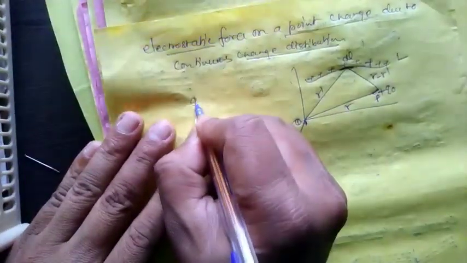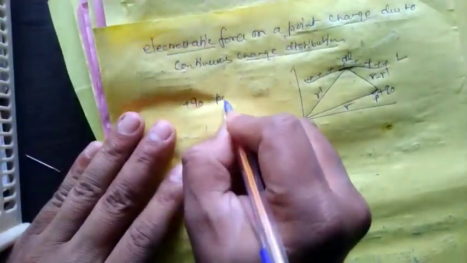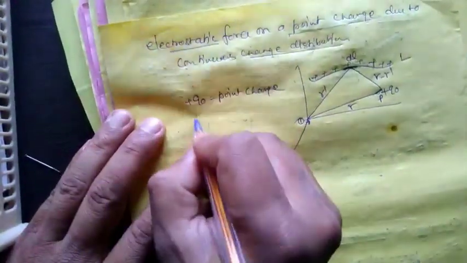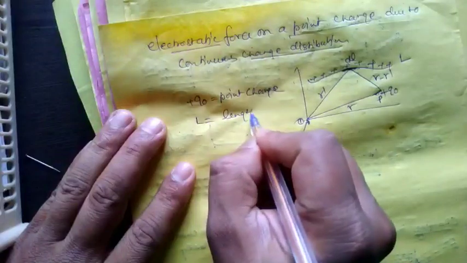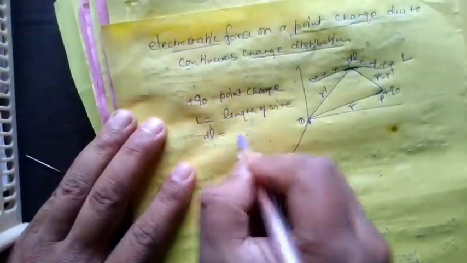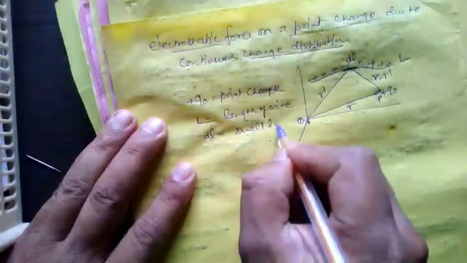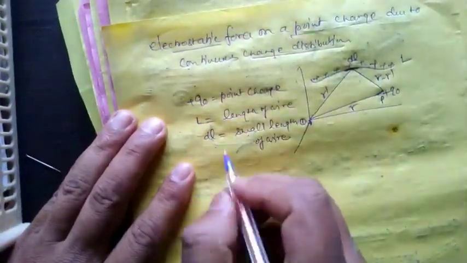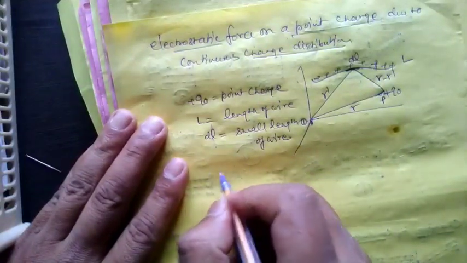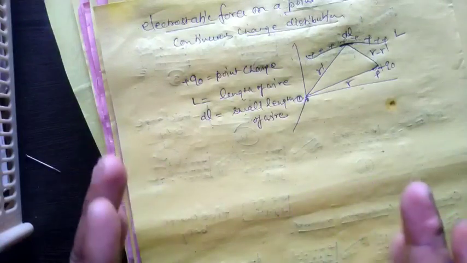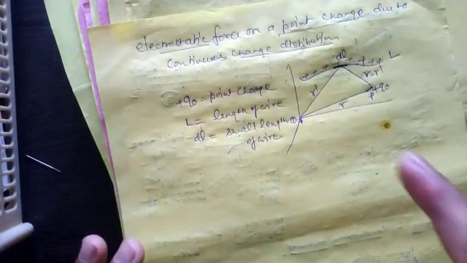Q0 is the point charge, L is the length of the wire, dl is a small length of the wire. Now how can we calculate the electrostatic force?